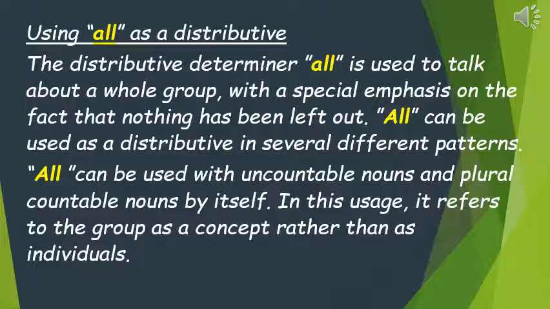Using all as a distributive. The distributive determiner all is used to talk about a whole group, with a special emphasis on the fact that nothing has been left out. All can be used as a distributive in several different patterns.